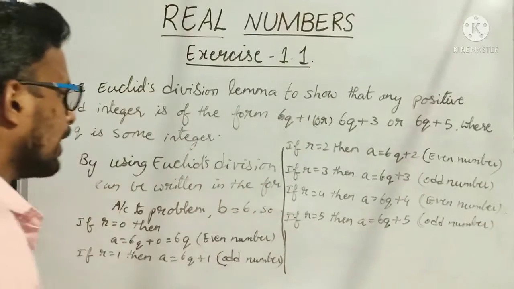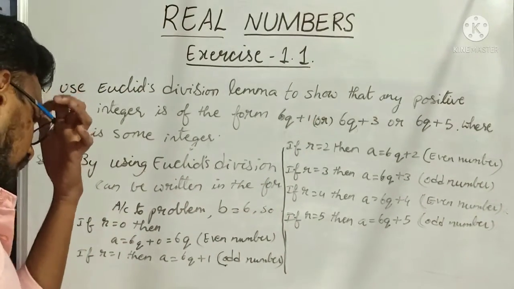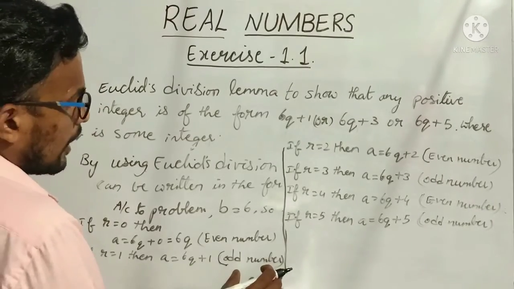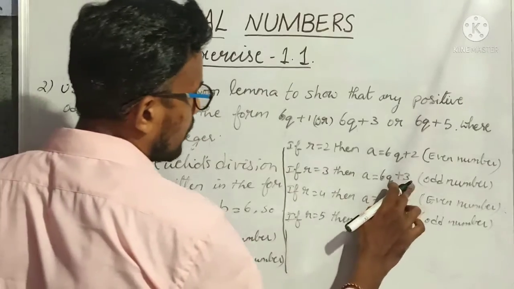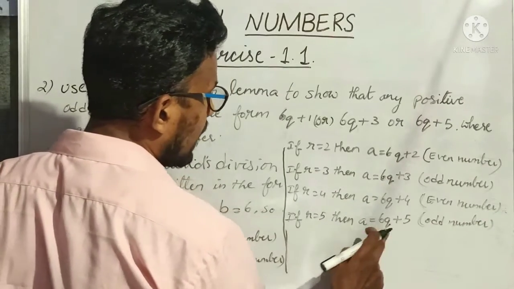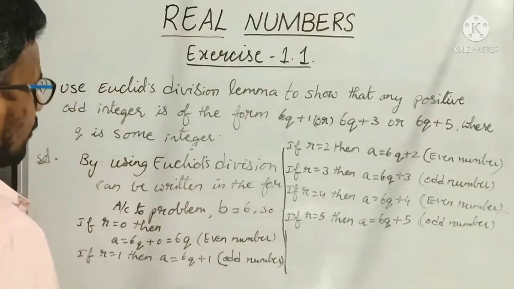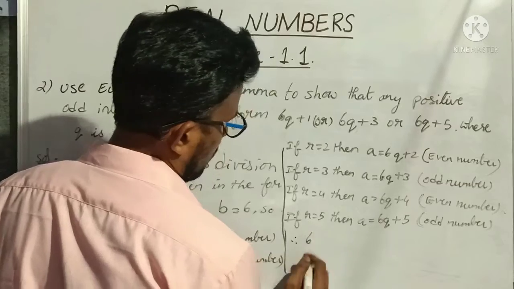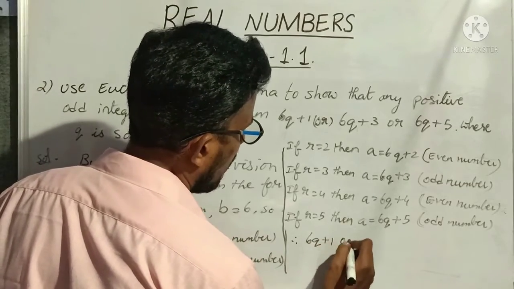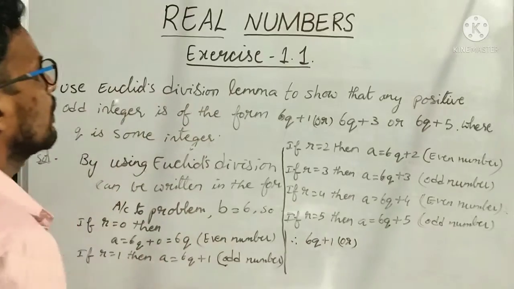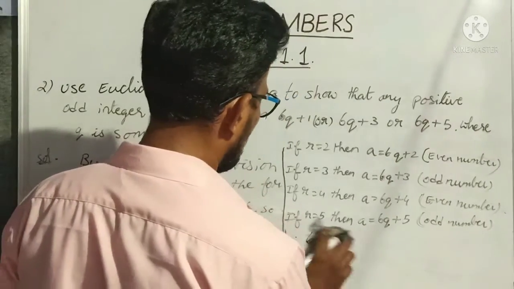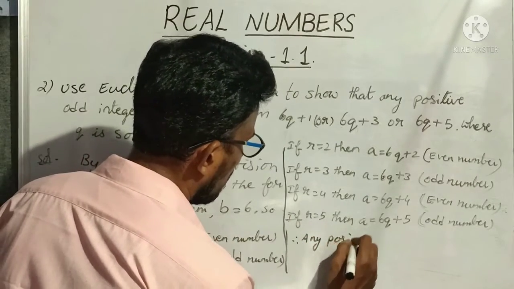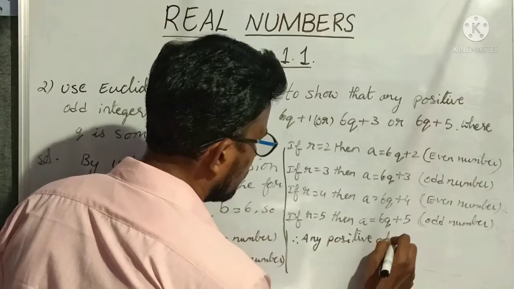So from where did we get odd numbers now? If r is equal to 1, then a is equal to 6q plus 1, an odd number. If r is equal to 3, a is equal to 6q plus 3, an odd number. And if r is equal to 5, a is equal to 6q plus 5, an odd number. Therefore, any positive integer, I can write any positive odd integer, right?